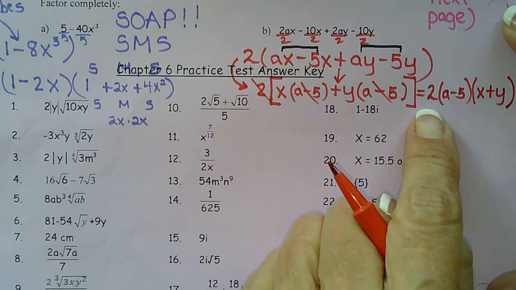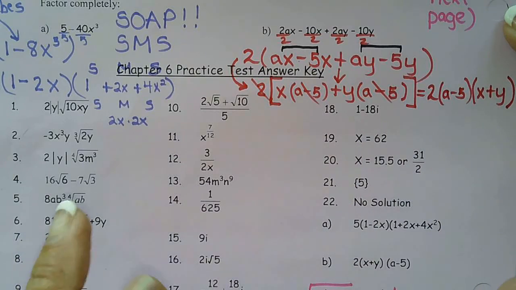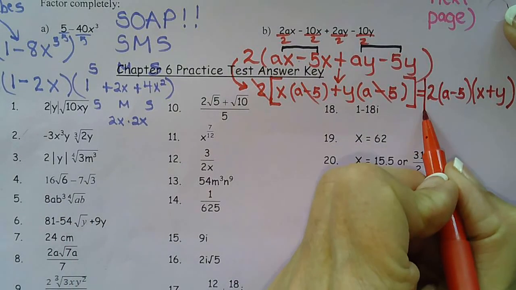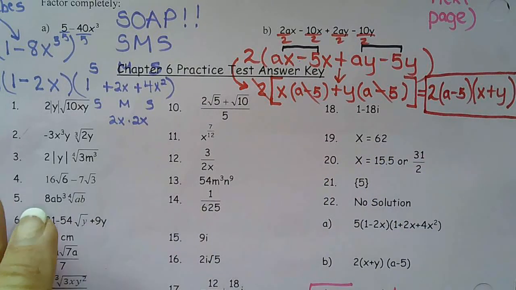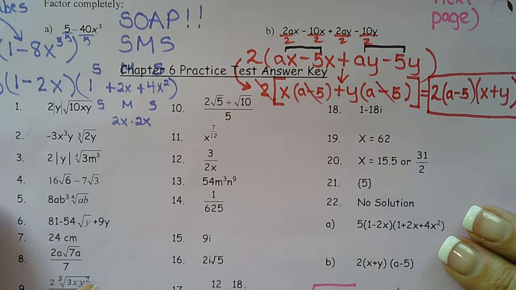Yes, the constant has to be listed first, but order doesn't matter on the parentheses. So that is a blast from the past, way back from the beginning of the course. And your Chapter 6 practice test is now completed. Study hard, guys.